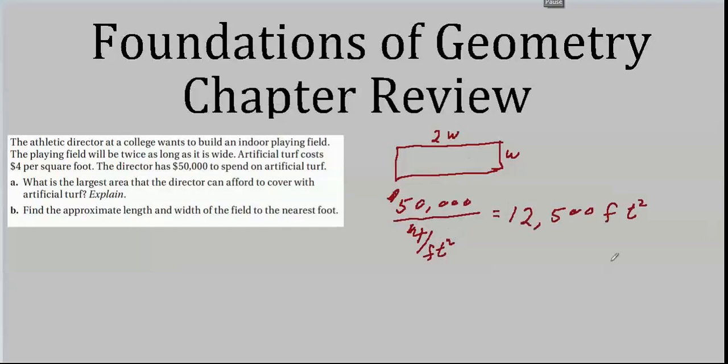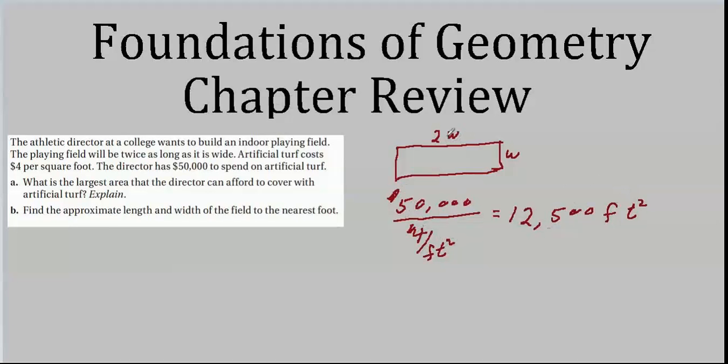And I get 12,500 square feet. By doing it this way, you see, dollars cancel. We end up with 1 over feet squared down here, which becomes feet squared. So dimensionally, we're doing this right.